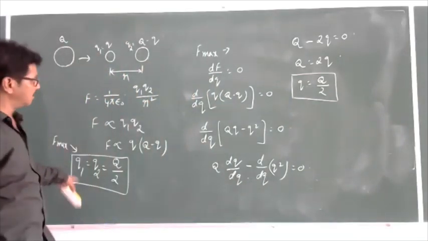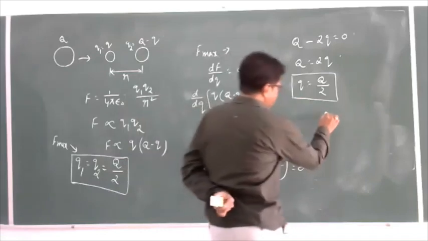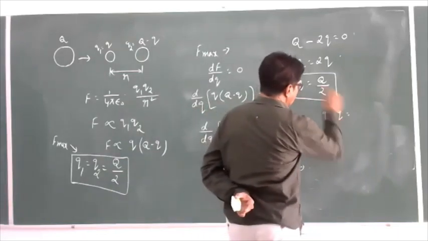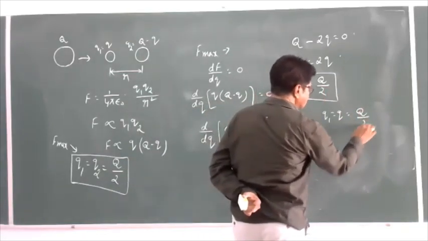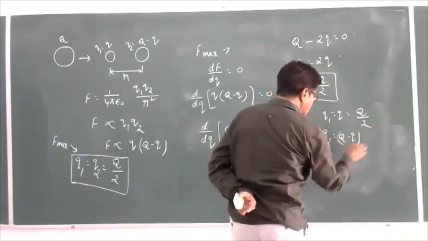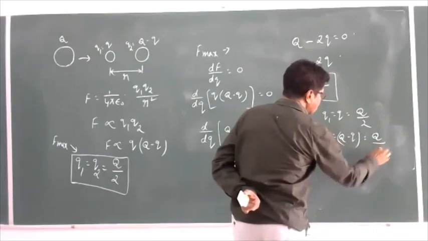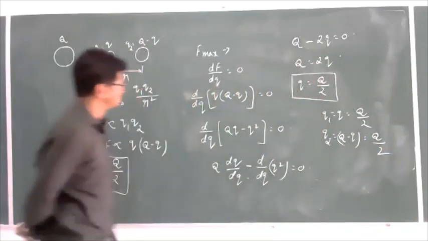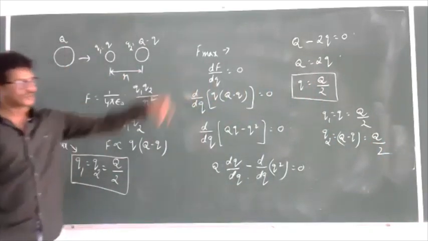The same thing we got, because we considered q1 is equal to q, which we got Q by 2. So q2 will be capital Q minus small q, which will also be Q by 2. So this is a mathematical procedure.